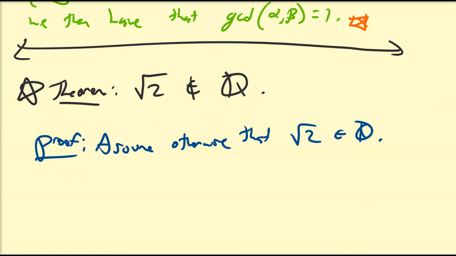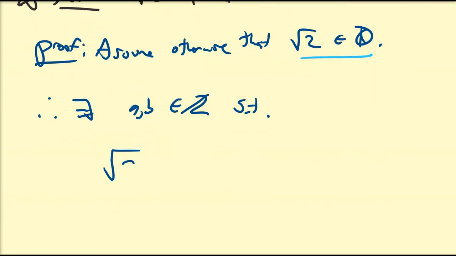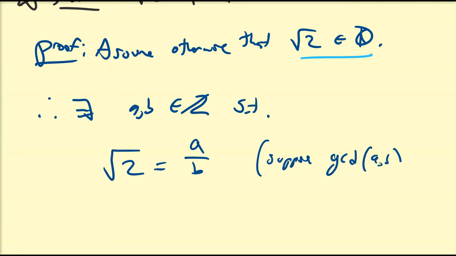Alright, so if the square root of 2 is rational, then that means there exist numbers a over b in the set of integers such that the square root of 2 is equal to the quotient of A and B. And without loss of generality, let's assume that the greatest common divisor of A and B is equal to 1. Actually, not without loss of generality. Let us mandate that.